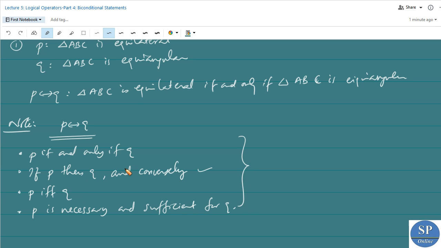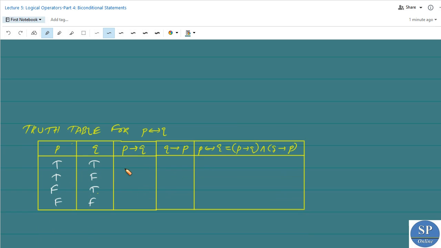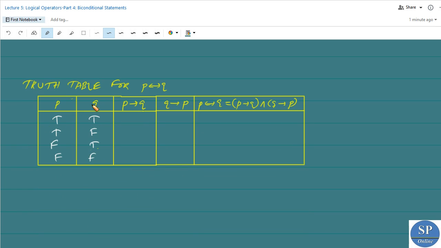Now we can create the truth table for P if and only if Q. Suppose P and Q are propositions. To find the truth table of P if and only if Q, first we consider the truth value of P is T and the truth value of Q is also T. Then we know that the truth value of P implies Q is T, from the previous lecture.